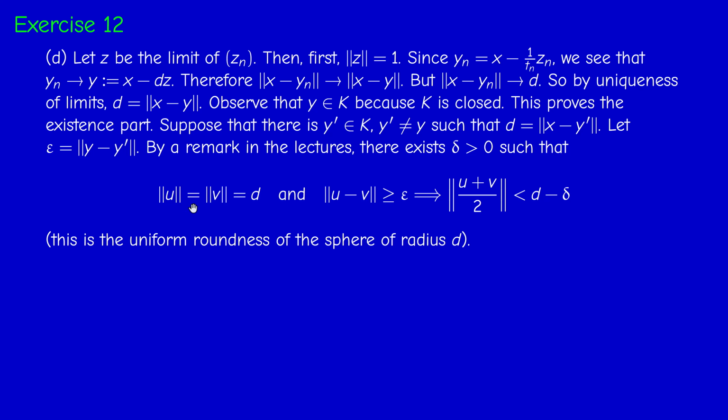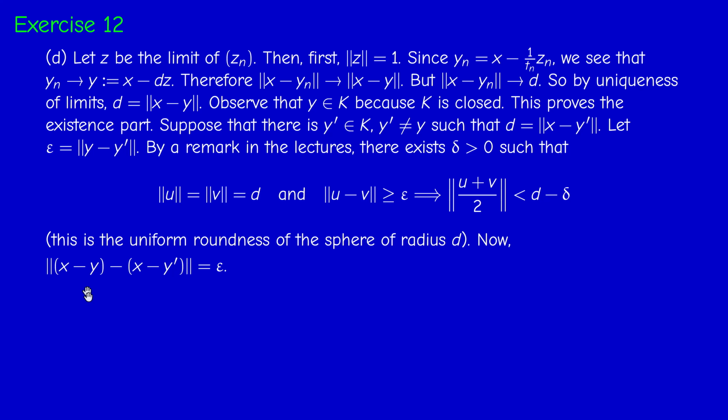So now, if we write the condition of uniform roundness of the sphere of center 0 and radius d, this means that for any u and v in the sphere, if their distance is bigger or equal to epsilon, then the norm of the midpoint is less than d minus a number delta, which can be called the modulus of uniform convexity.